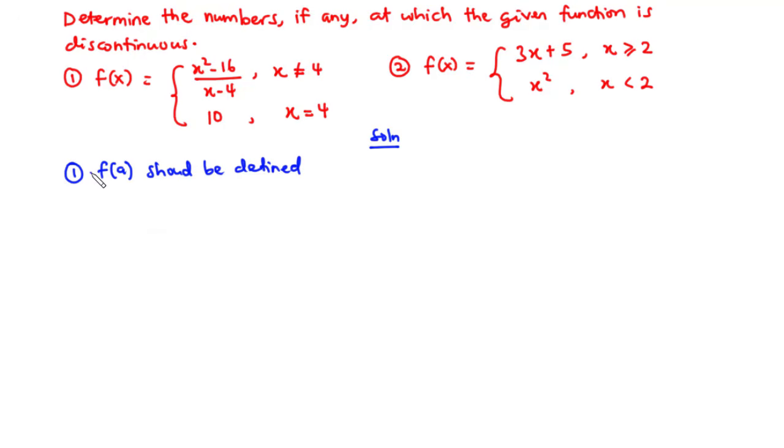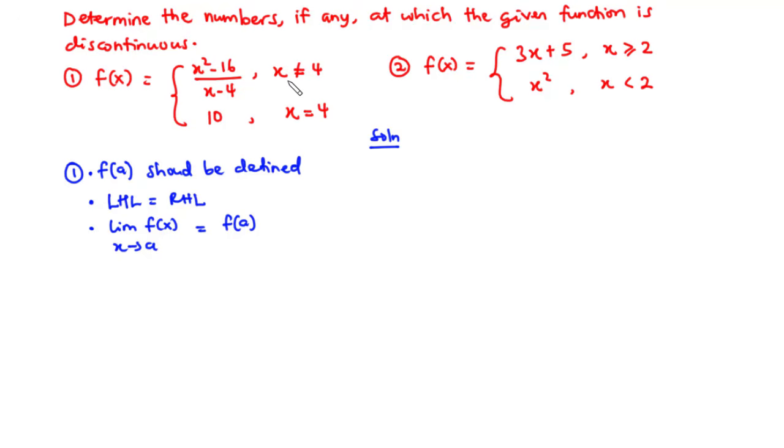And then secondly, the left hand limit should be equal to the right hand limit, and thus the general limit of the function exists, and the general limit of the function should be equal to f of a. So for a function to be continuous at a point a, these are the three conditions that need to be satisfied.